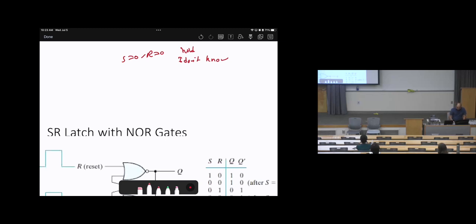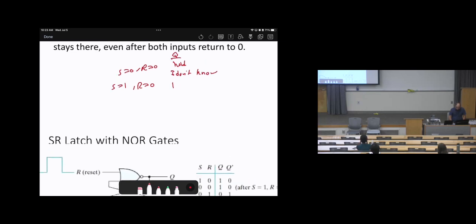After that, I'm going to say S equals 1, R equals 0. Then I know that I'm going to store the data as 1. Right? Here's Q, I'm going to store 1. I stored 1. After that, I need to go back and make the switch 0. Then here it will hold, and hold 1.